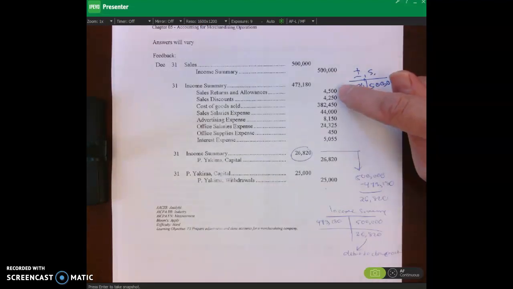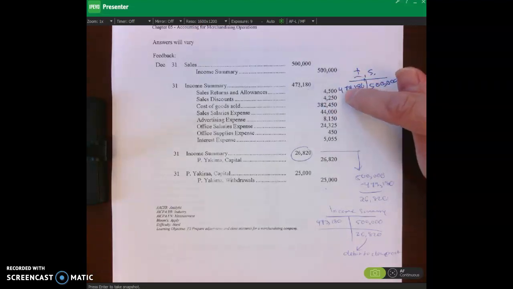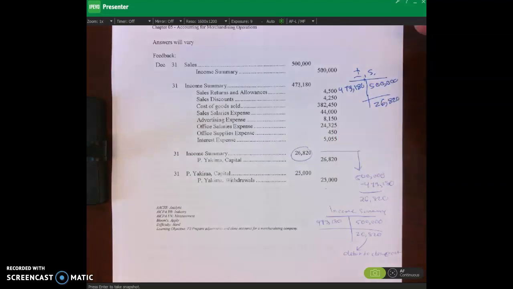And then you credit: credit sales returns and allowances $4,500 to zero out the balance, credit sales discounts $4,250, credit cost of goods sold $382,450, credit sales salaries expense $44,000, credit advertising expense $81,550, credit office salaries expense $24,325, credit office supplies expense $450, credit interest expense $5,055.